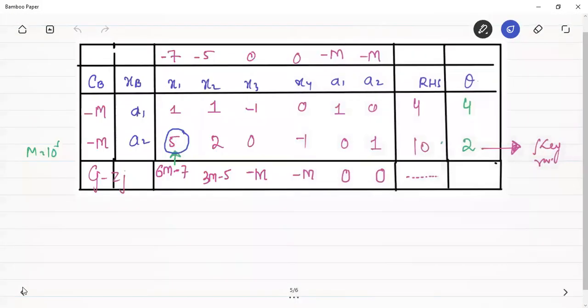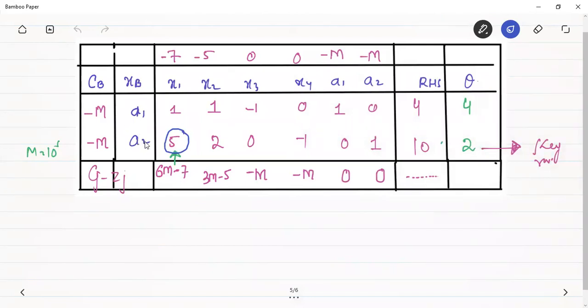Okay, let me know once is everything fine up to this point. Fine or not? ठीक है ये सारा? Yes, sir.